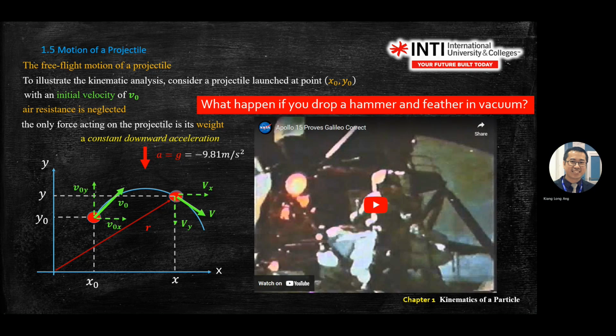There's a quick video where people did an experiment on the surface of the moon. The surface of the moon has no air; it's a vacuum. So what happens if you drop a hammer and a feather in the vacuum? Later you'll see an astronaut holding a hammer and a feather.